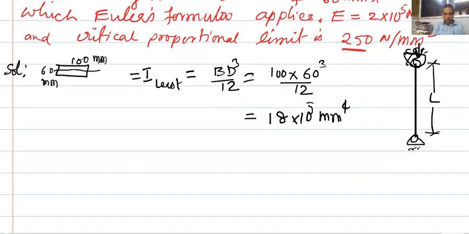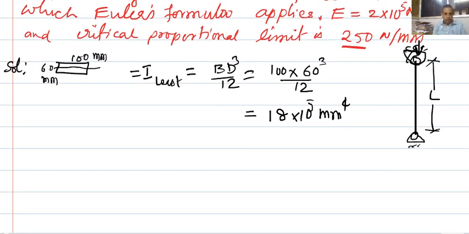So if this is the moment of inertia, what is the load carrying capacity? P equal to pi square EI by L square, because both ends hinged, pin ended. Now the stress corresponding to this, if I put this in terms of stress, what am I going to write?